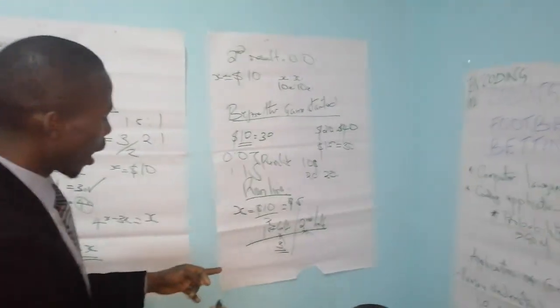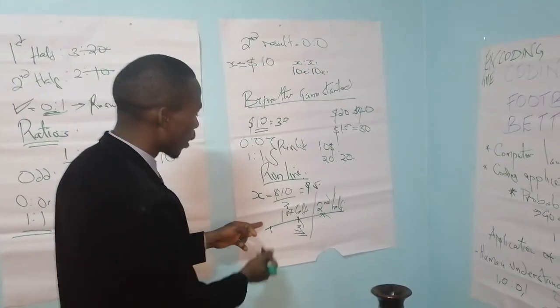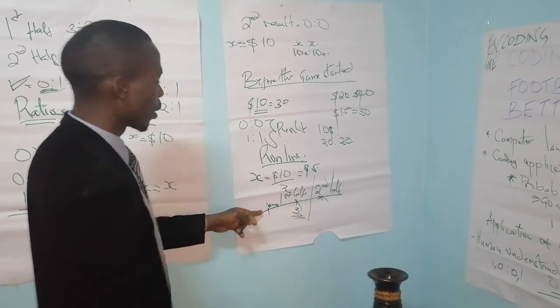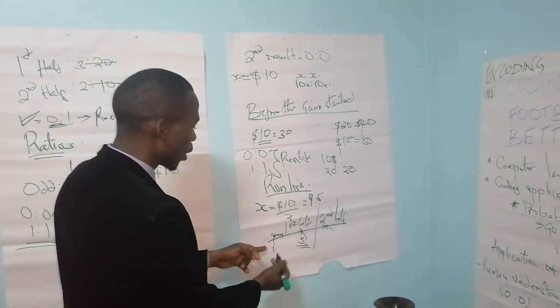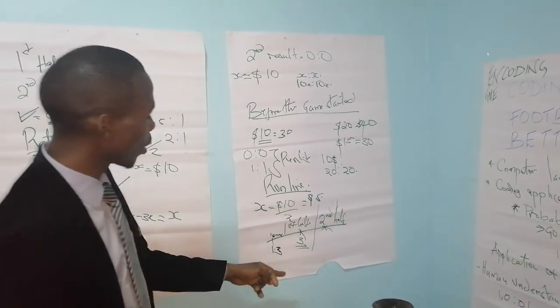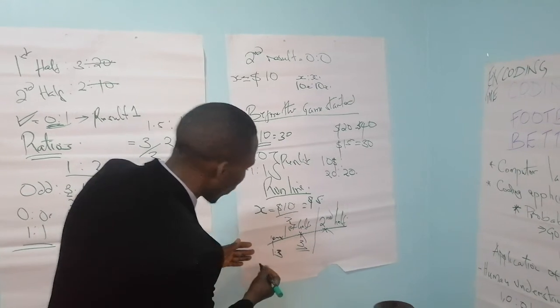So if a goal had been scored within the first 10 minutes, don't worry, just wait, because at this point the odd might have been at 1.2 or 1.3 for first half over 0.5.